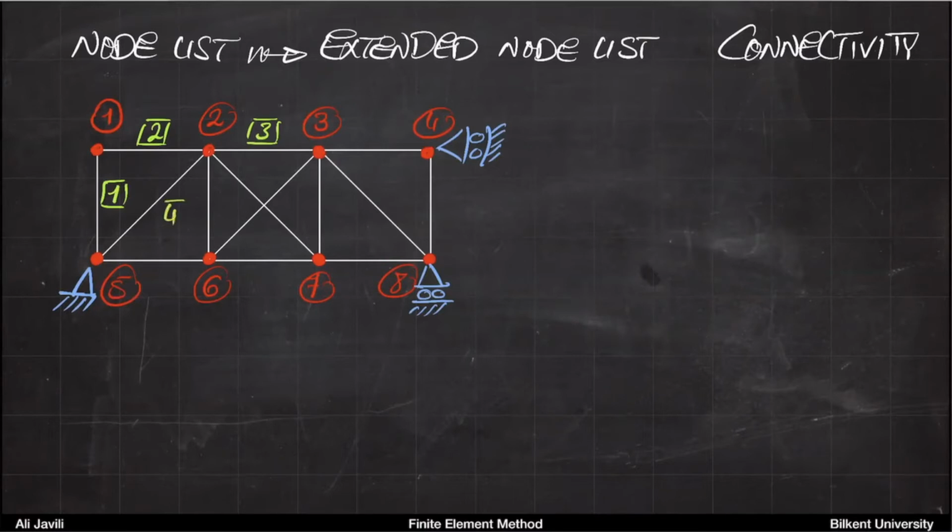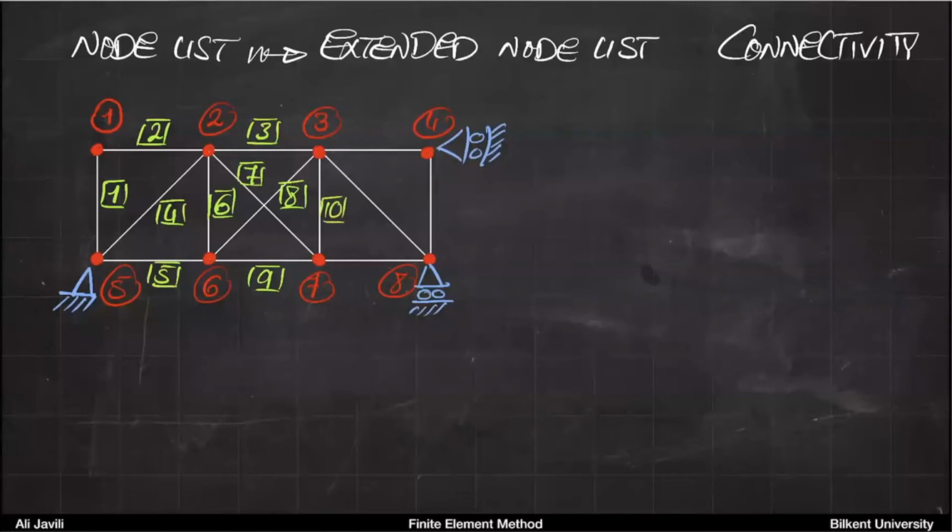So maybe we call this element 4, element 5, 6, and 7 is this diagonal here, and then 8 is the other one, 9 is the one at the bottom. I'm numbering them almost randomly so that you see there is no particular order here. We just number them the way we like.